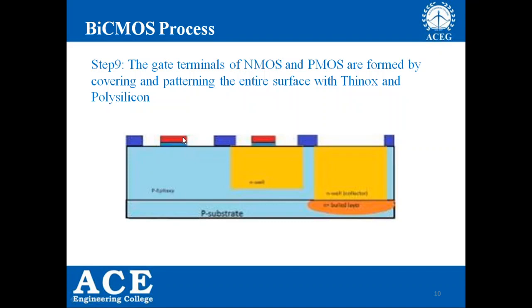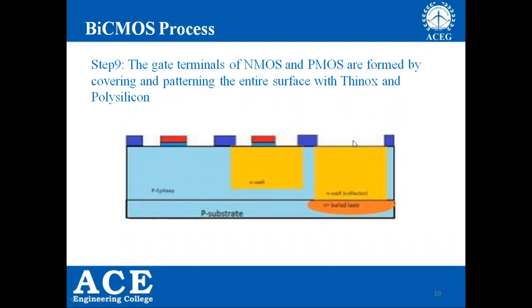So this red color is polysilicon, and this thick sky blue color is our silicon dioxide layer, and this is the gate for the NMOS transistor, and this is the gate for the PMOS transistor, which is going to form in the N-well. Okay, and this yellow color N-type region is acting as the collector.